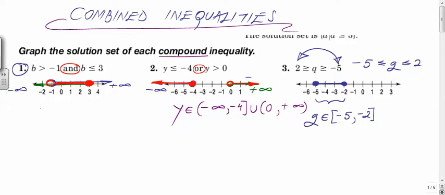Okay? For number 1, b will be an element of the interval from -1 to 3, bracket for 3 because 3 will be part of my solution set. Okay? Any questions? Let's do another problem.